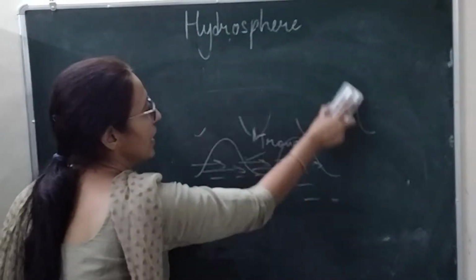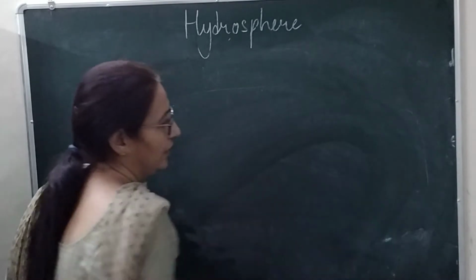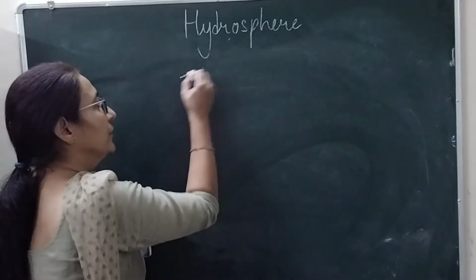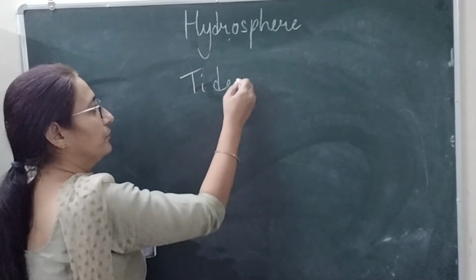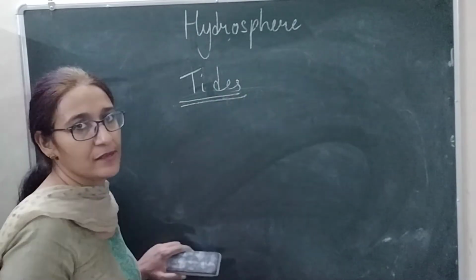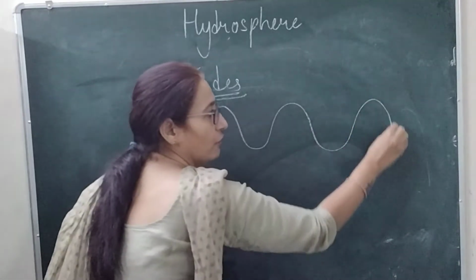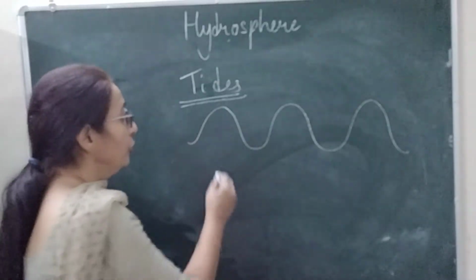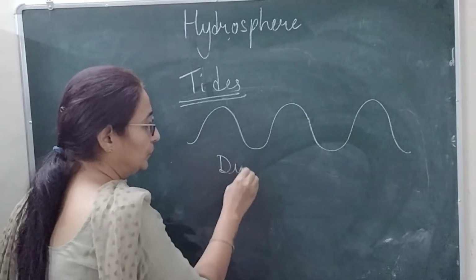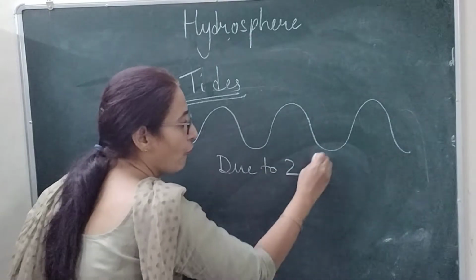Now the next movement we have to learn here is tides. What do you mean by tides? Tides means up and down movement of water due to 2 forces.